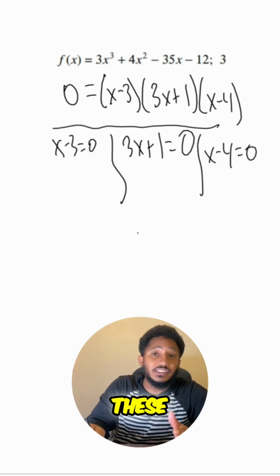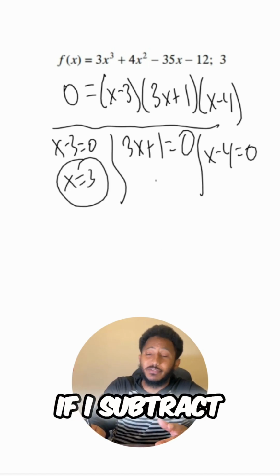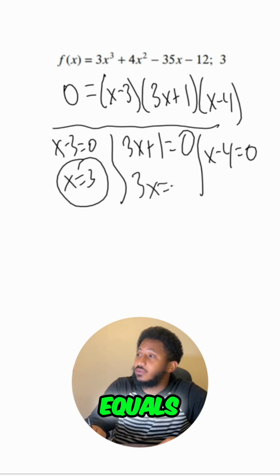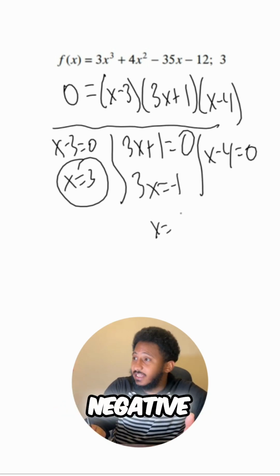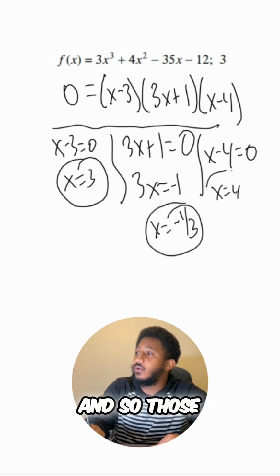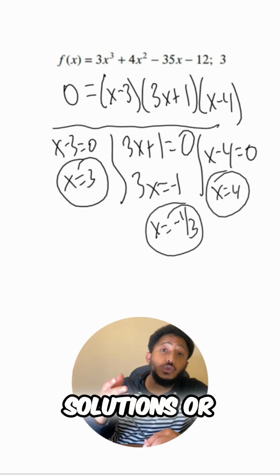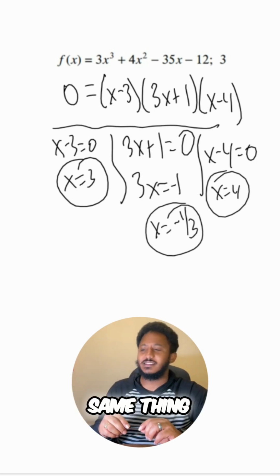Now we solve each of these equations separately. Here, x equals 3 if I add 3 to both sides. Here, if I subtract 1, we get 3x equals negative 1, so x equals negative 1/3. And here we add 4, so x equals 4. Those would be the 3 zeros of this function, or solutions, or roots. All those mean the same thing.